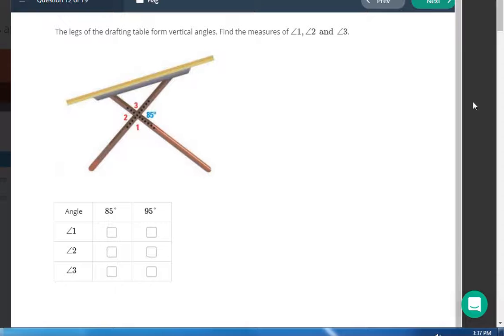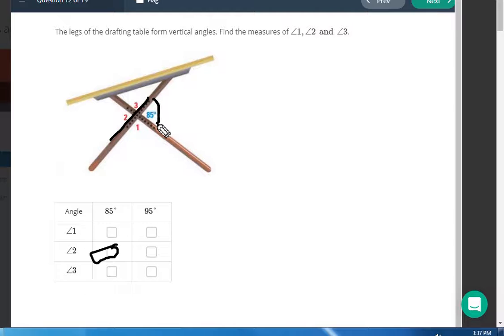Okay, here we go. We can start to work through this problem. We know that if it's across from it, that it's 85, so we know that that's got to be true. And then we know that we have an angle here, and they're trying to tell us that this is a straight line.